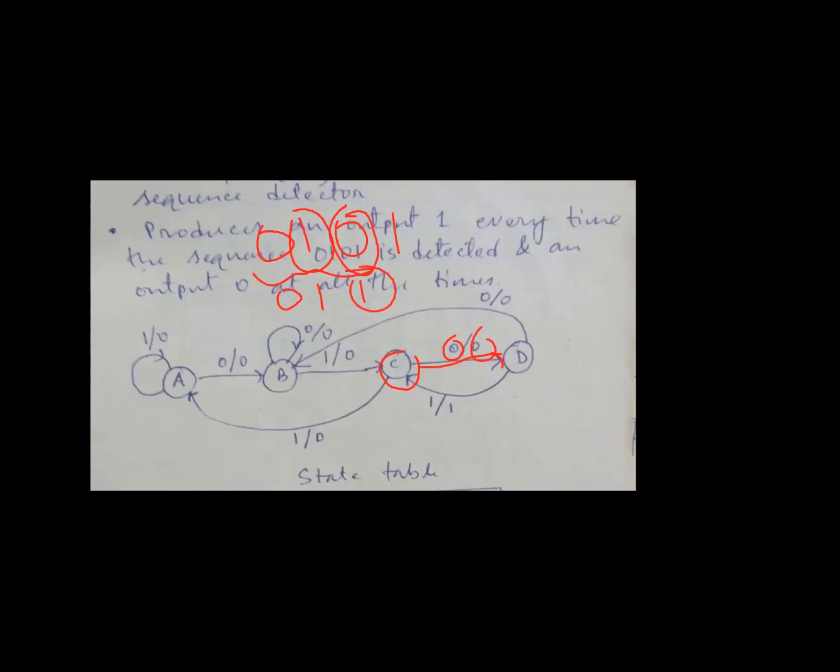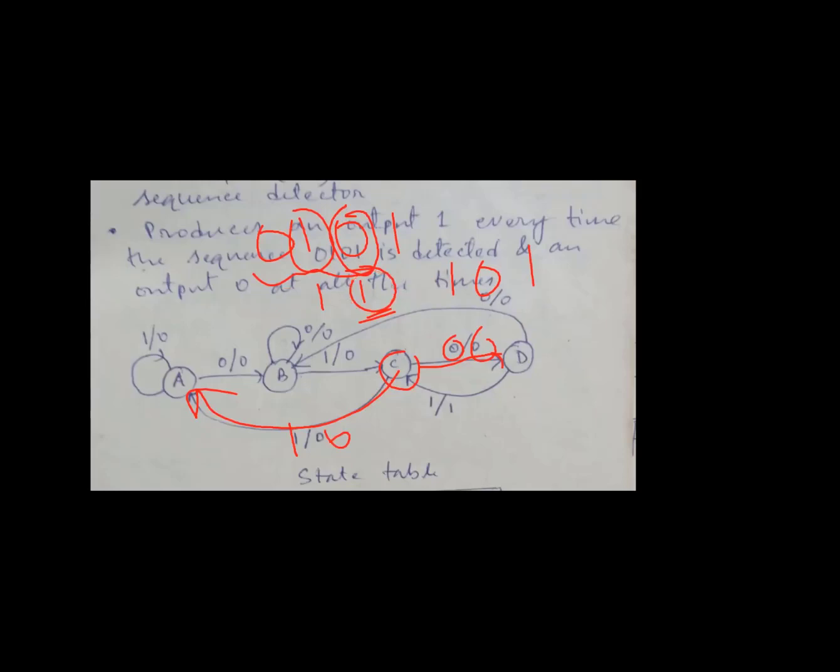If we got a 1 in C, our sequence is completely destroyed, because to get back the sequence we have to start again from 0, 1, 0, 1. That's why for C, when input is 1, we go back to initial state A, because we have to start again from the initial 0, 1, 0, 1, and output is 0. Obviously the sequence is not obtained.